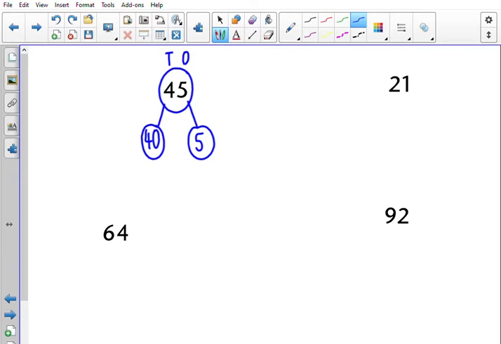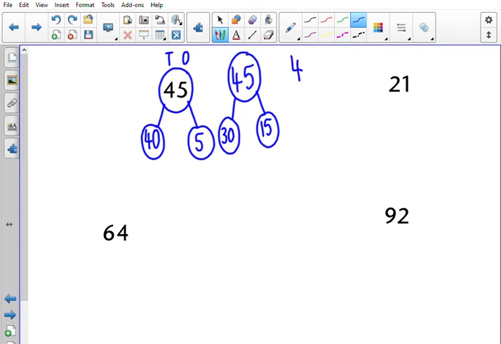Now, if I was to partition 45 in a different way, I would draw 45 in my part-whole model again, and I might now take a 10 away from the 40, which leaves me with 30, and bring it over to my 1 side, which when I add to my 5 will give me 15. So can you see it's just different ways of adding numbers together to make the same number.